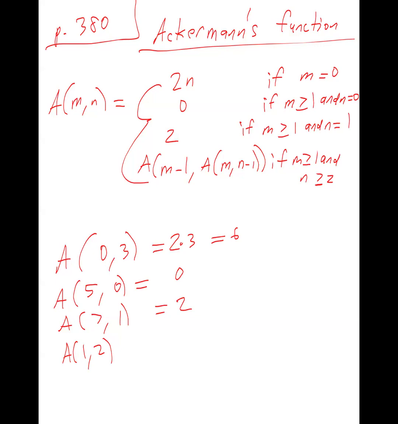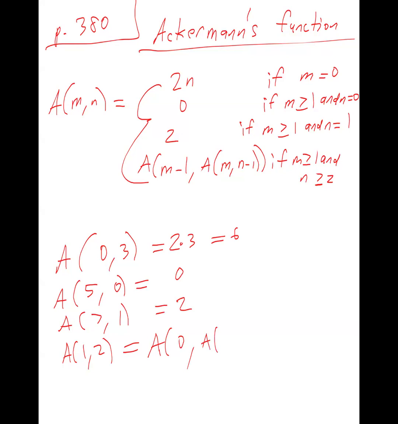What's the Ackermann function of m minus 1, comma, A of m, n minus 1? First of all, what's m? 1. But what's n? 2. So what's m minus 1? Correct. So that equals A of 0, comma. Now let's read the next part. Put the comma down. And then A again of m.